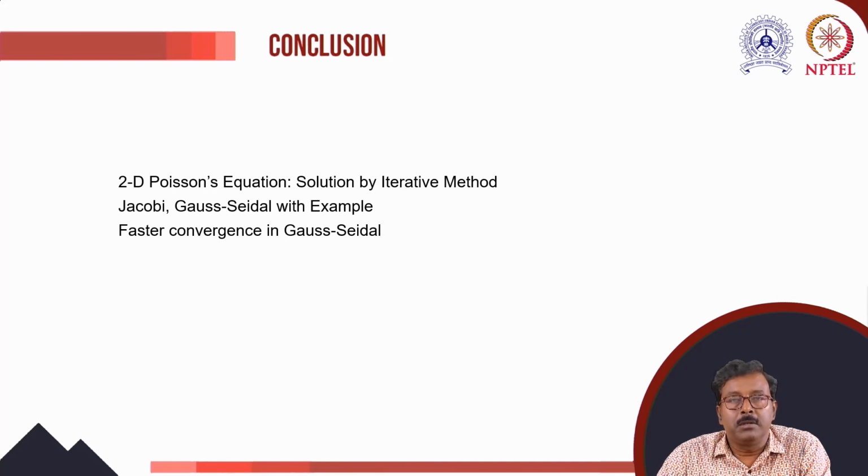This is the advantage, because you are always updating the values. Even in a particular iteration, the value of a particular node may be used in the same iteration to calculate the node value at other points. This is the main characteristic of the Gauss-Seidel method.